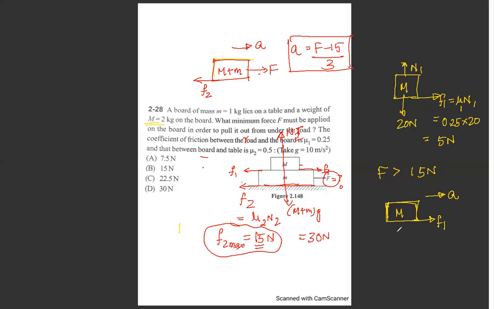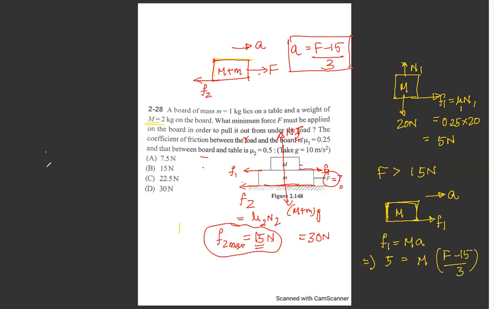Other than that, no other forces are there. So we can write F1 is equal to MA, and we have already calculated the value of A. So it is going to be M into (F minus 15) divided by 3, and F1 is calculated to be 5. This is the maximum value at which it was just about to slide.